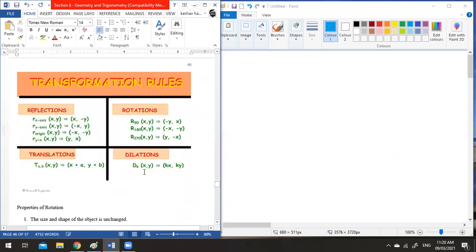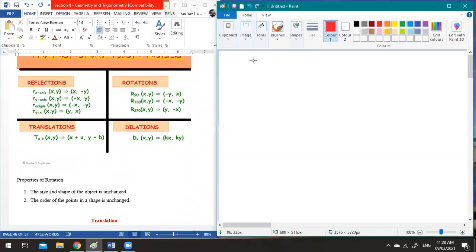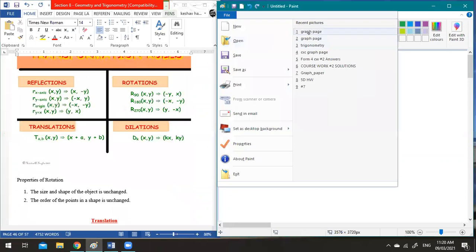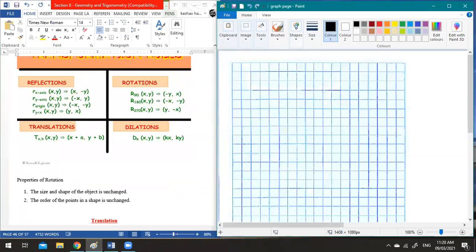So these are the rules that you have to learn. And this is based on a graph. So if I was to open a graph page, right? And we have a graph.